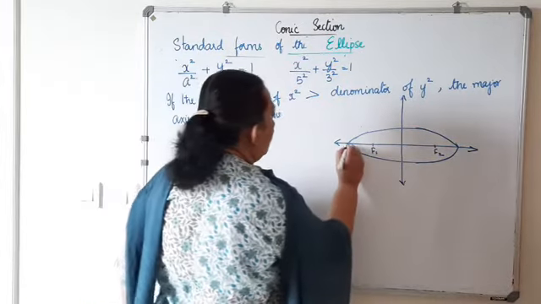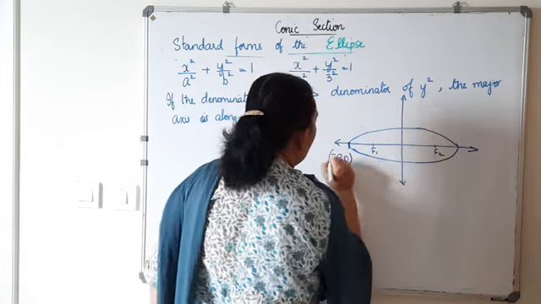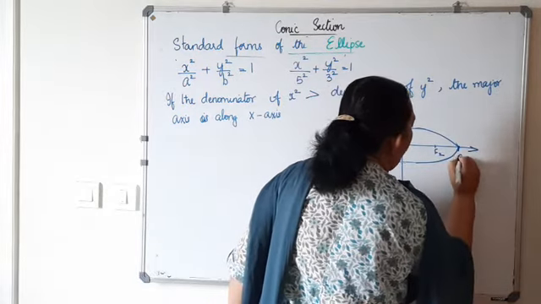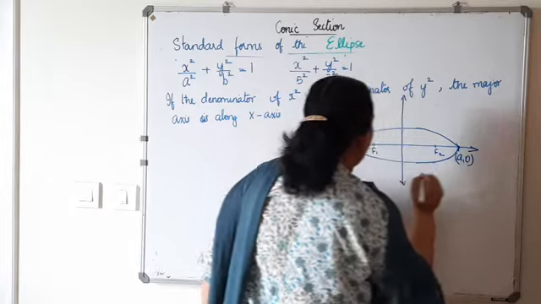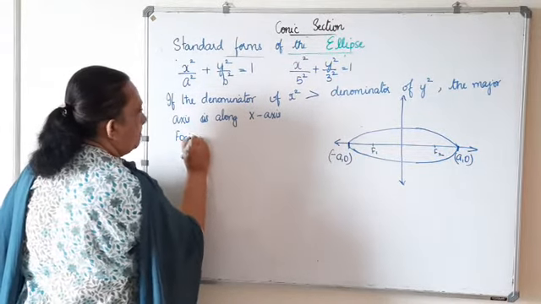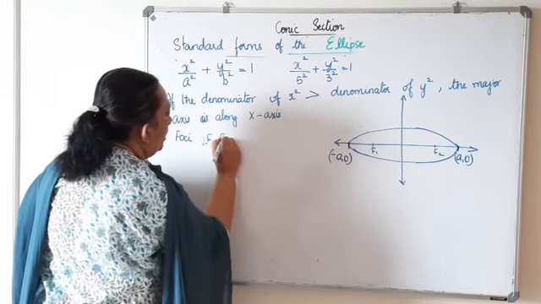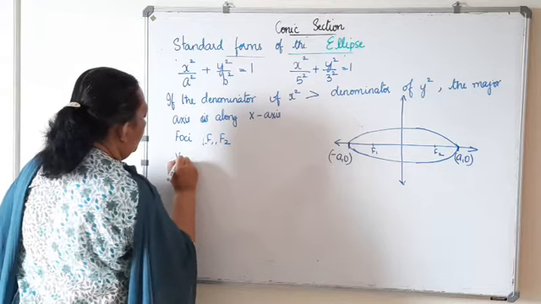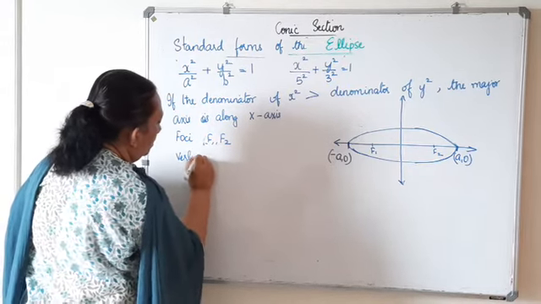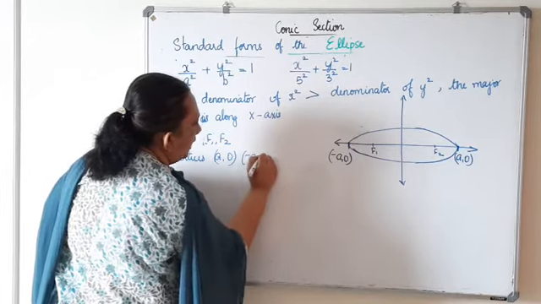Here this is a vertex, minus a comma 0, and this is a comma 0. So the vertices are a comma 0 and minus a comma 0.